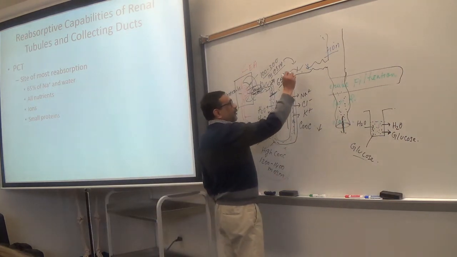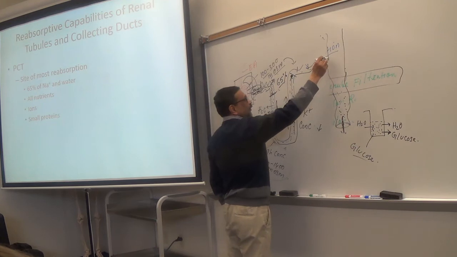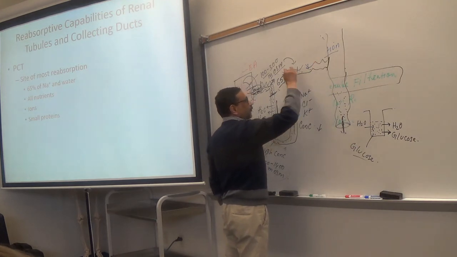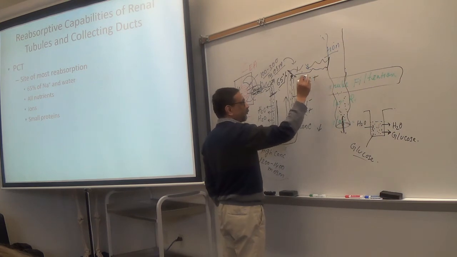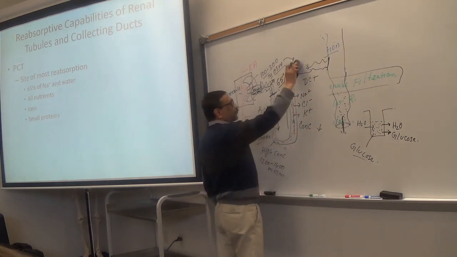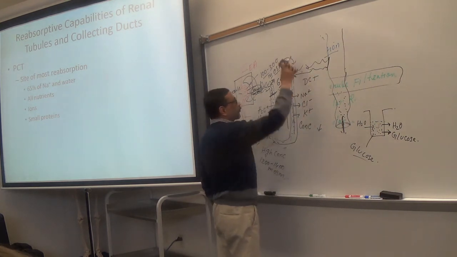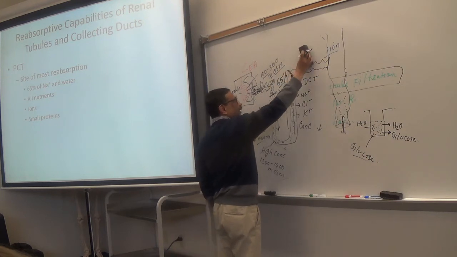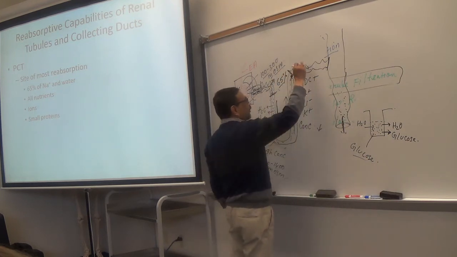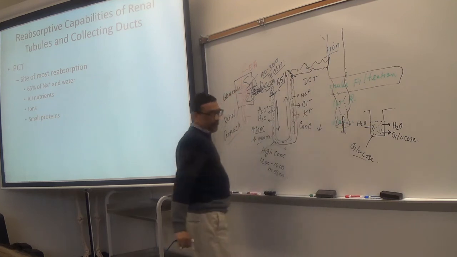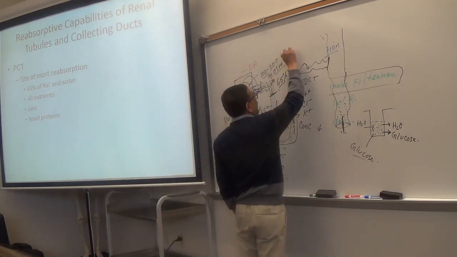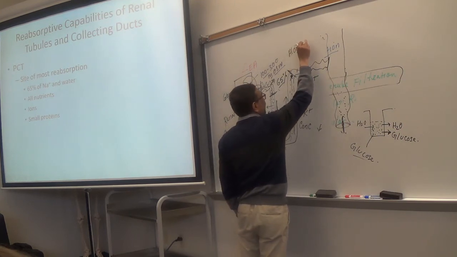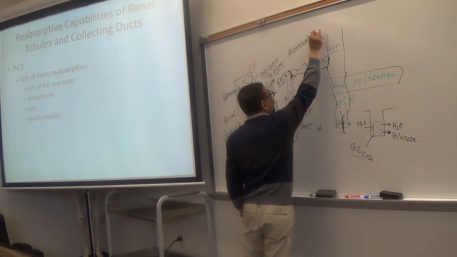So, now this part, this is the distal convoluted tubule. What happens here? Hormone name: aldosterone.